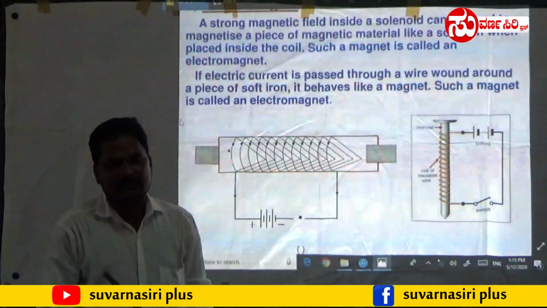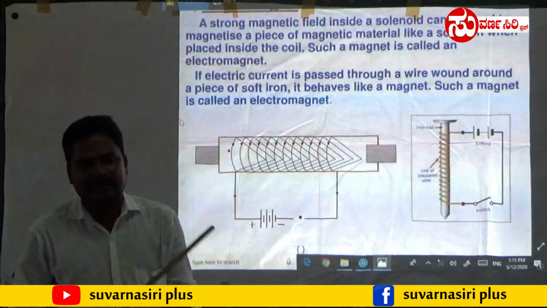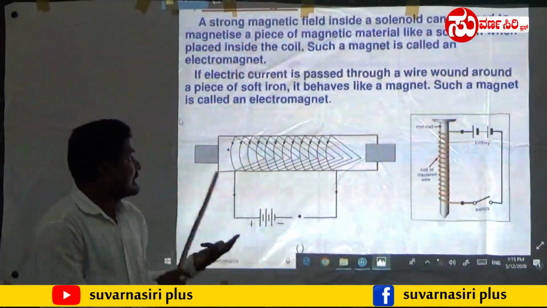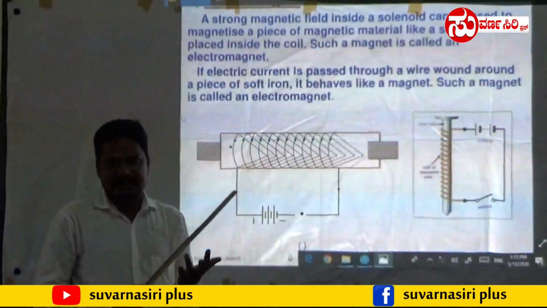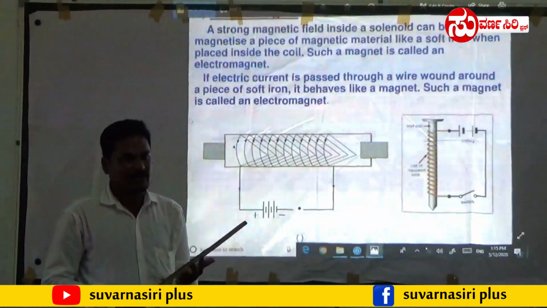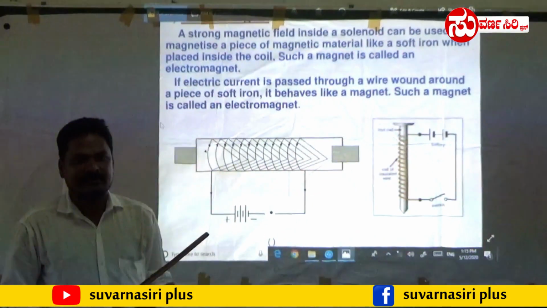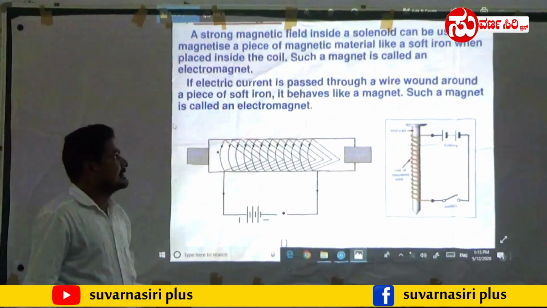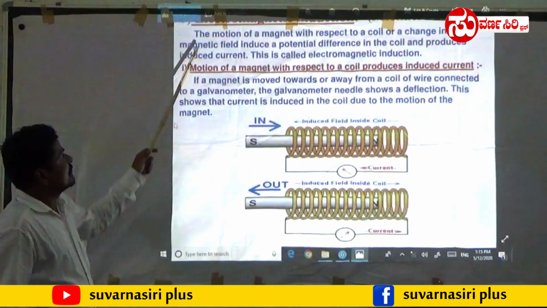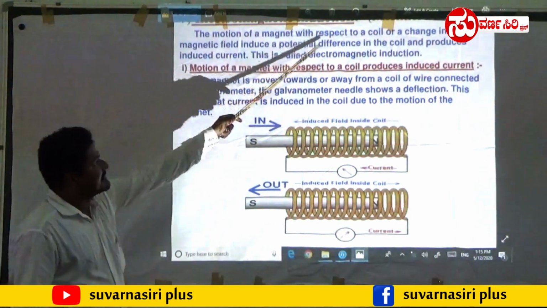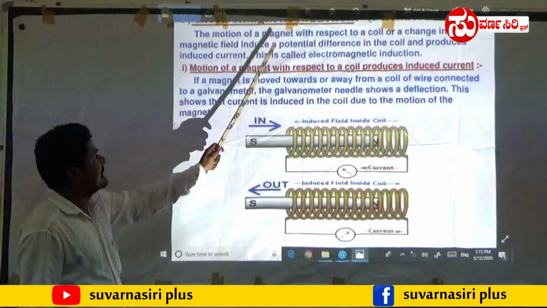Dear students, we have learned about the solenoid, what an electromagnet is, and on what factors the strength of the magnetic field of a solenoid depends. Next, the motion of a magnet with respect to a coil produces an induced current.